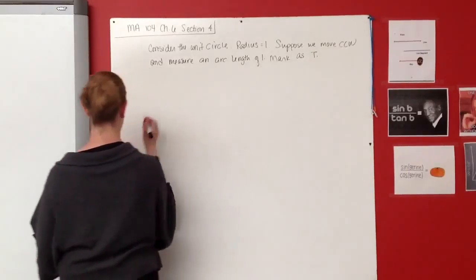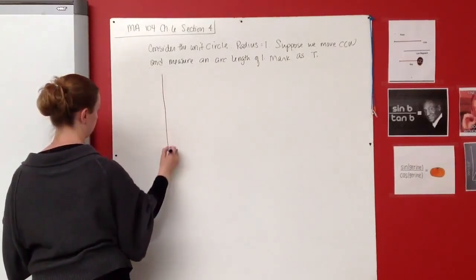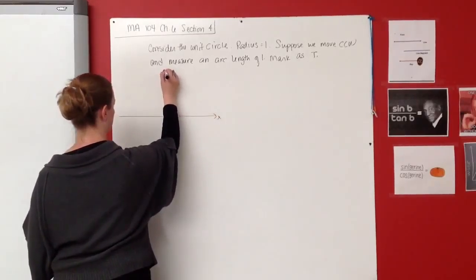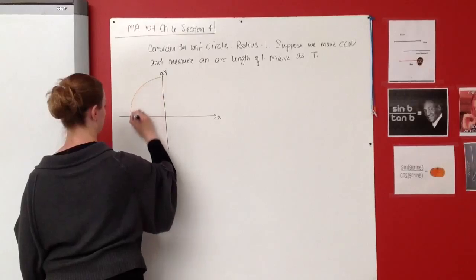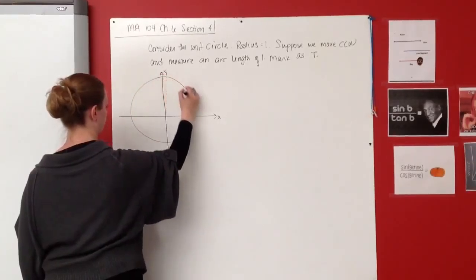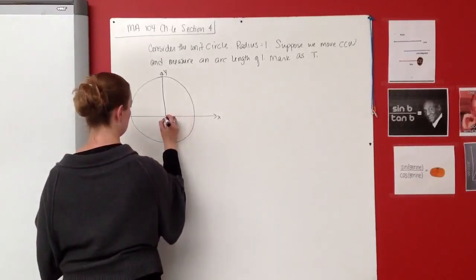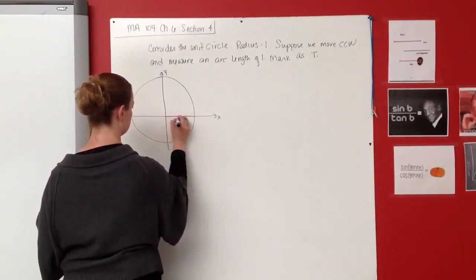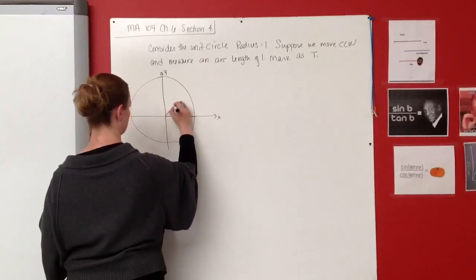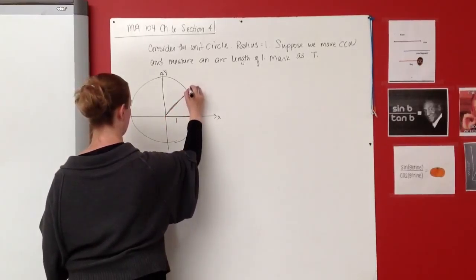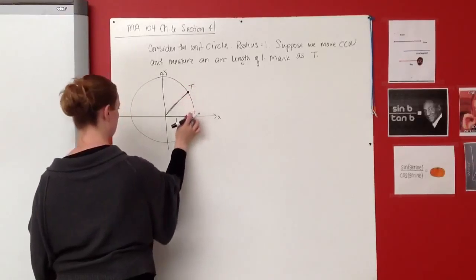So let's draw what we're looking at here. You have a circle. You know your radius is 1. You move in a counterclockwise position, so you have an angle. The point's moving along the circle.